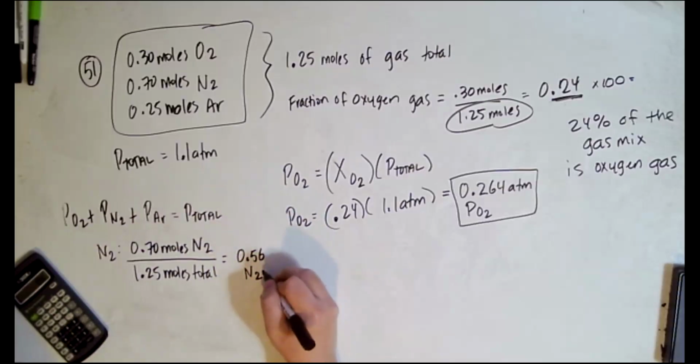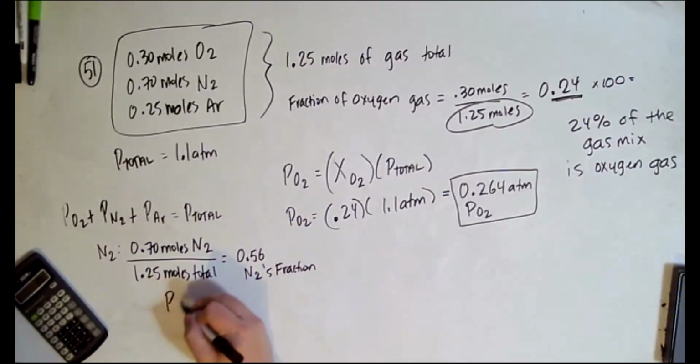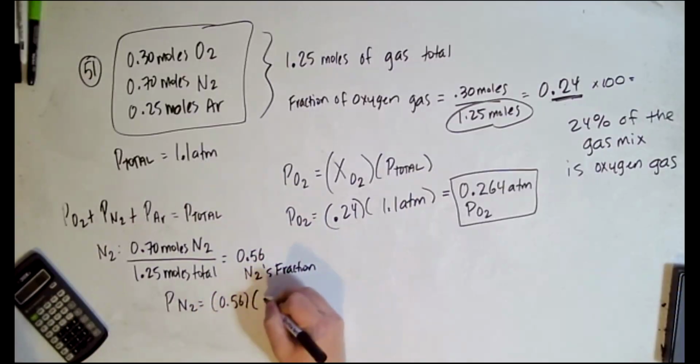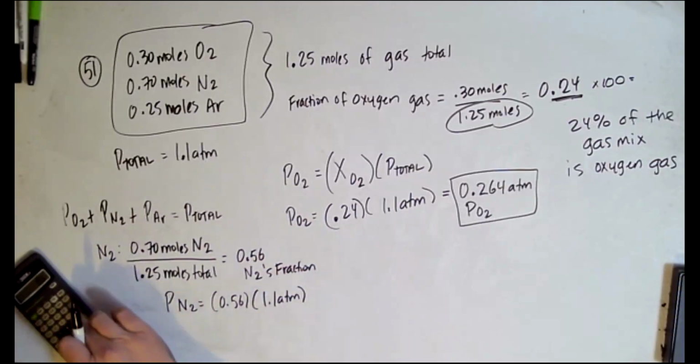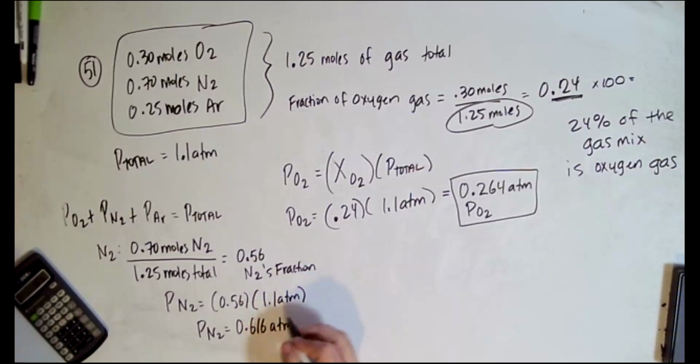This is nitrogen's fraction. And to find the pressure for nitrogen, I'm going to take nitrogen's fraction and I'm going to multiply it by that total pressure. So nitrogen's pressure is going to be 0.616 atm. Okay.